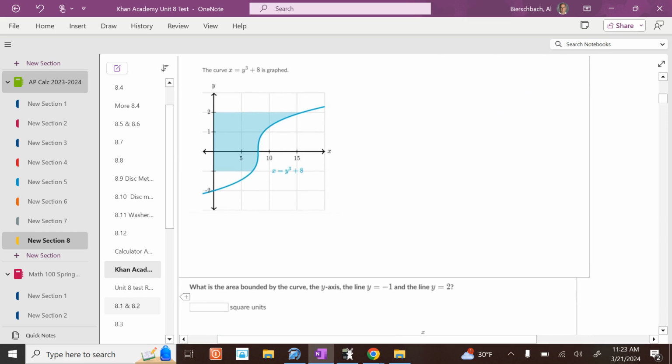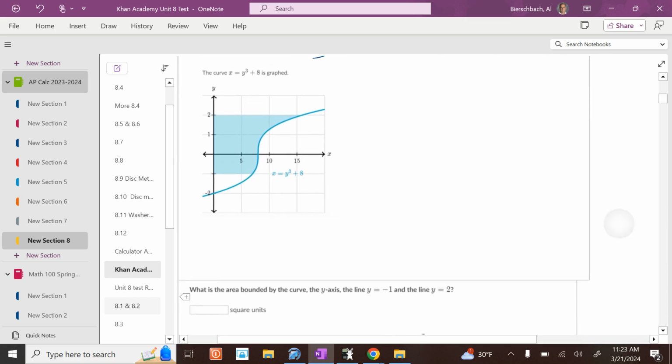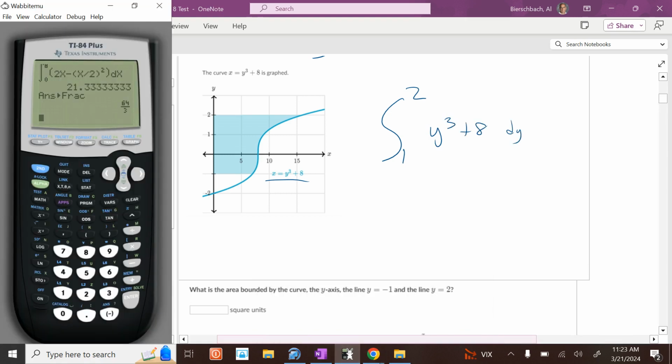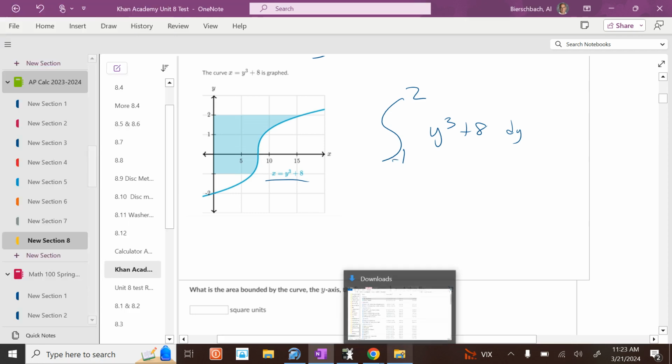All right. We want to know the area bounded by this curve. Well, it's already solved for x, so that really helps us out. So it's just the integral from the bottom to the top, 1 to 2, of y cubed plus 8 dy. Math 9, negative 1, that's a negative 1 here.